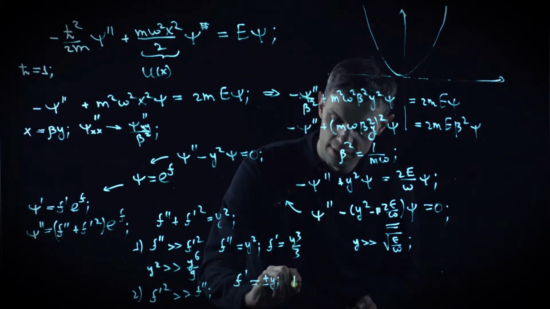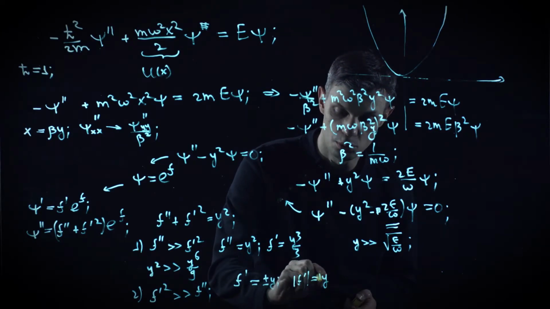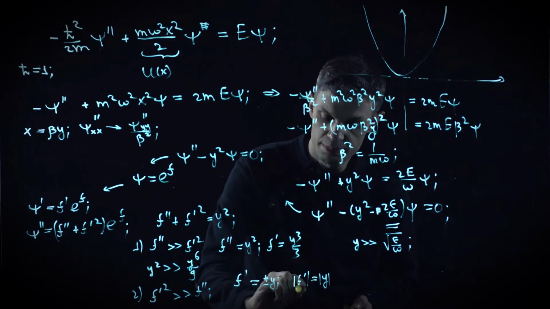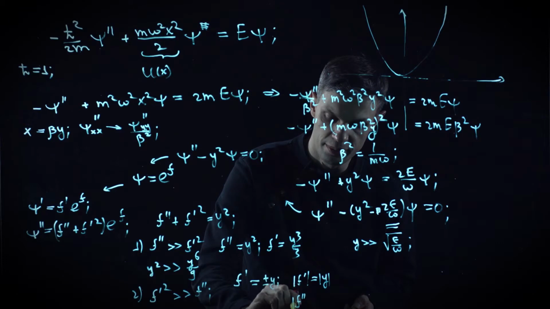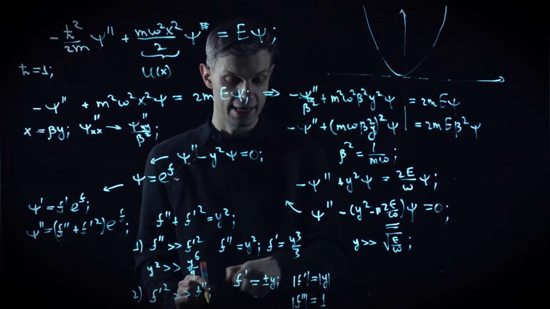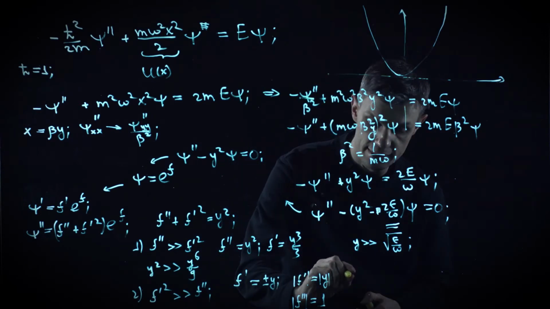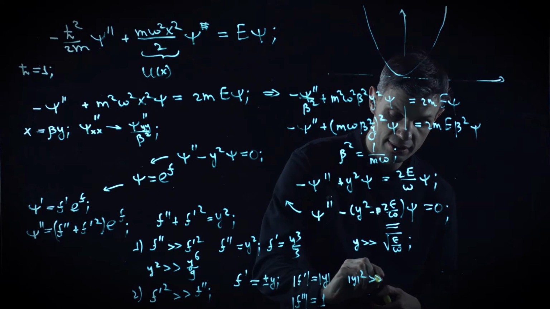So the modulus of f prime is simply modulus of y. And the modulus of f prime prime is 1.